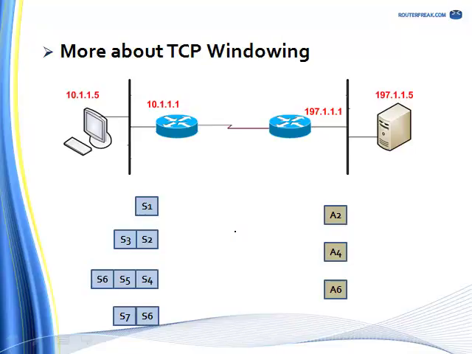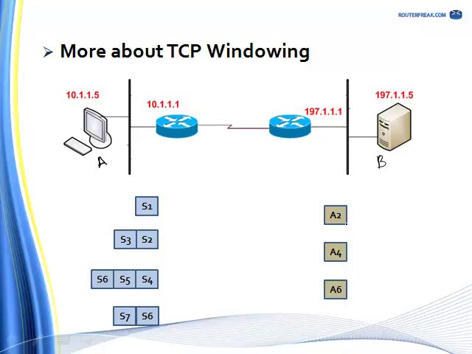So now let's look at this with sequence numbers and acknowledgments. And this is kind of where it might get a little confusing. So here we have our bucket, right? And we have computer A over here, and we have computer B. So computer A is going to send a packet that has sequence number 1.